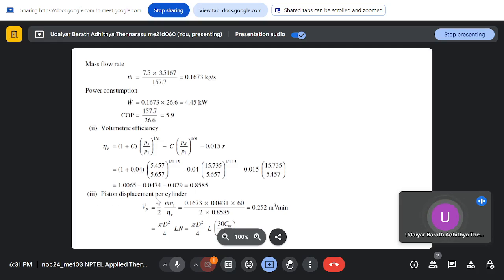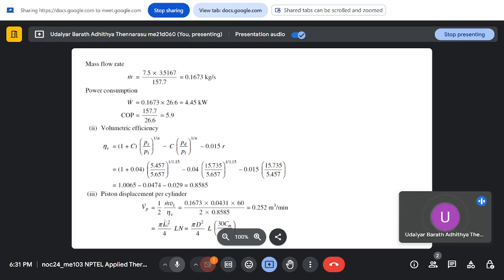Then the piston displacement per cylinder is half into m dot V1 by your volumetric efficiency. It will come out to be 0.252 meter cube per minute.